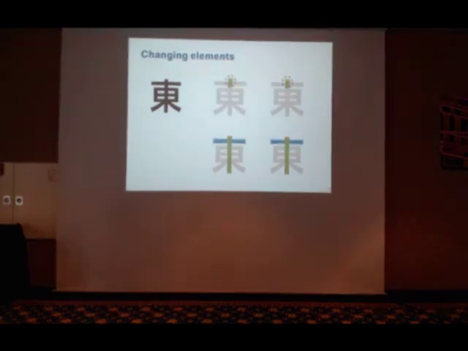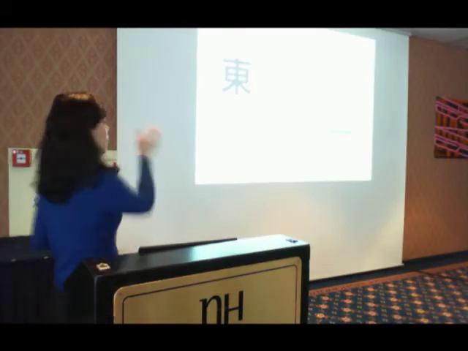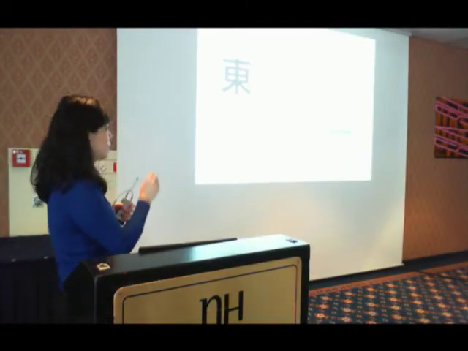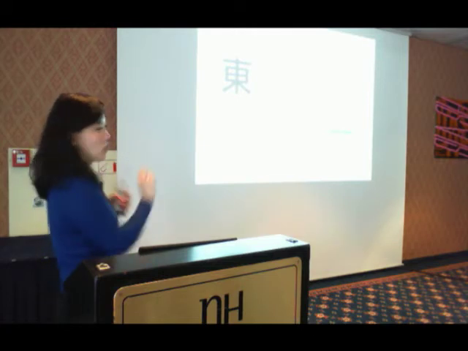Okay, and for changing the elements, of course, I'm focused on the commonly used style, Heiti. It's more like a sans serif style. So what we are trying to do is keep the skeleton of one Chinese font, and we just change the elements at the terminals or the strokes.